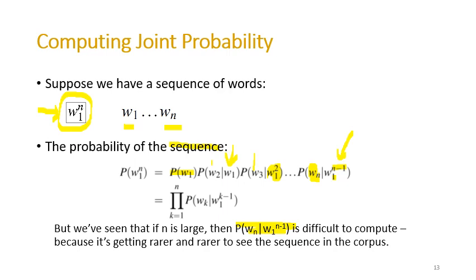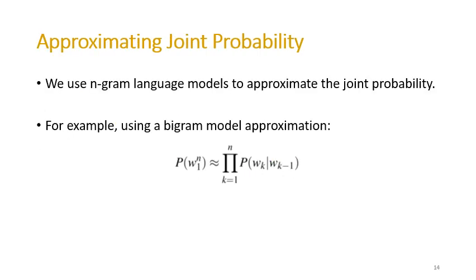By the way, this symbol here means multiplication. So you multiply each time the probability of word K, given that the history from word 1 up to word K-1 has shown. And we've seen that this is kind of difficult to compute. So the exact joint probability is difficult.